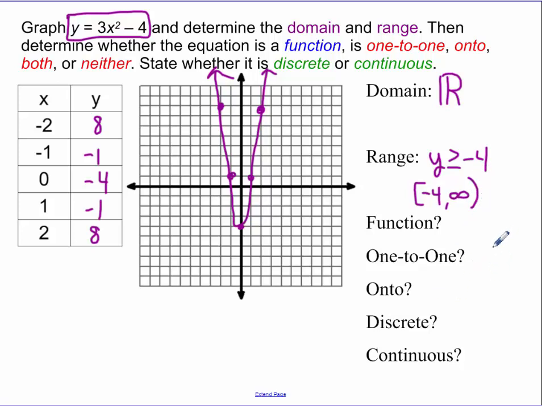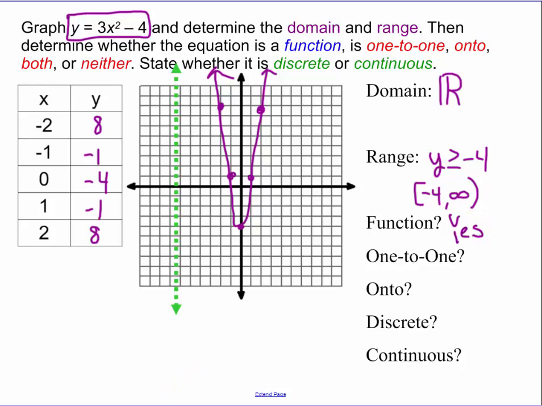Is it a function? Okay, when we have our vertical line, when I drag that vertical line across, we only touch at one point. So, yes, this is a function.